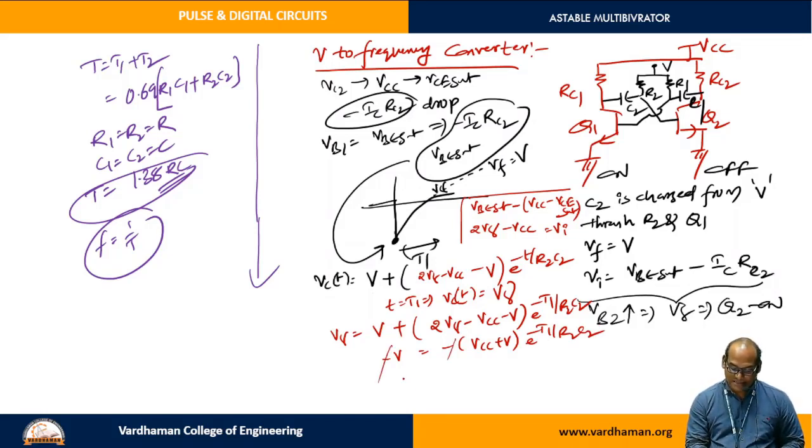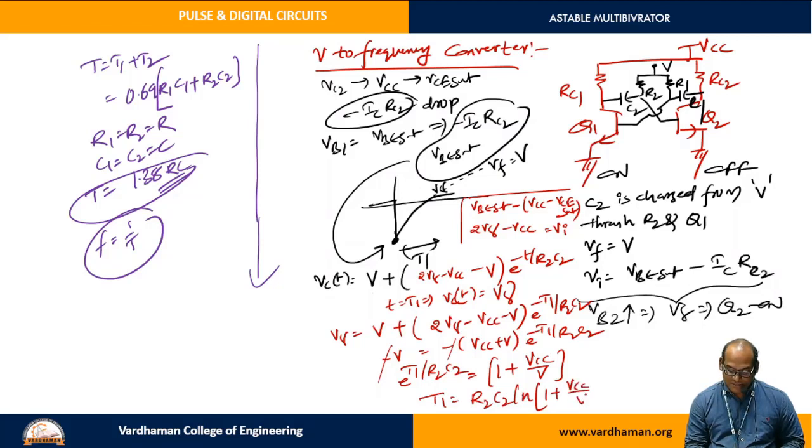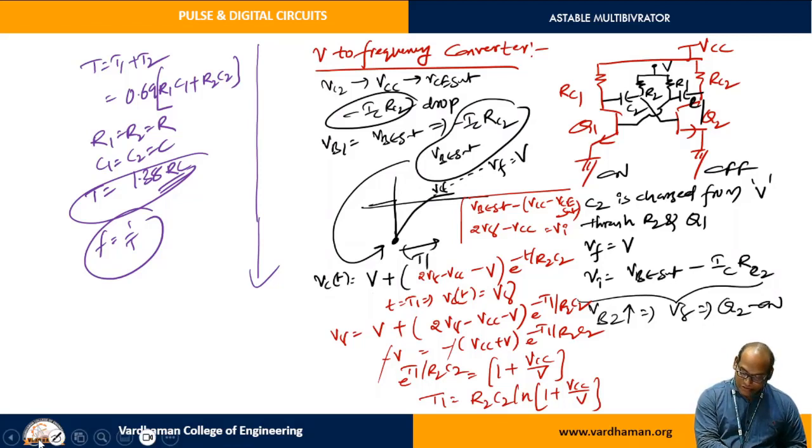You can send this exponential to the left side. So e power T1 by R2C2 is equal to, if you divide with V, 1 plus VCC by V. If you take the natural logarithm, T1 is equal to R2C2 ln of 1 plus VCC by V. This is just T1. Similarly, T2 also we can write.